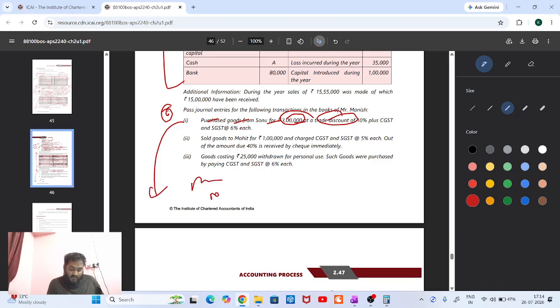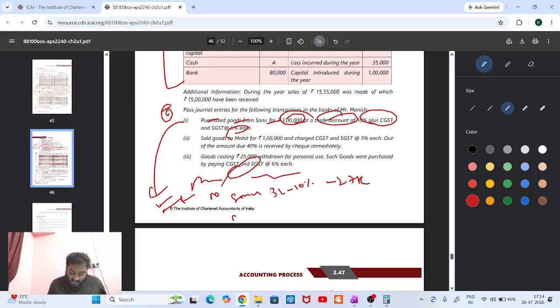Purchases to Sonu: 3 lakh minus trade discount 10%, which is 2 lakh 70,000. And then input CGST and input SGST of 6% each come here. Then the purchase is the balancing figure.